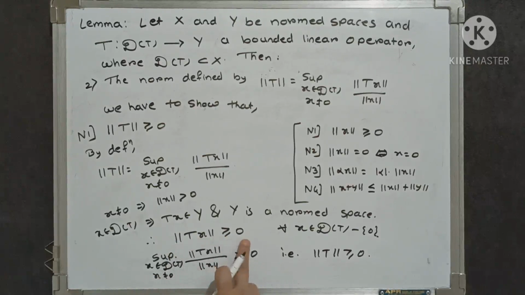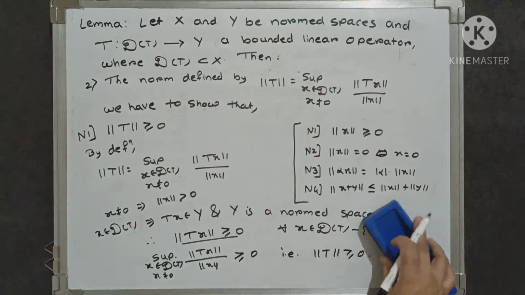And now it is true for any x which is an element of D(T) minus singleton 0. As it is true for any x belongs to D(T) minus singleton 0, therefore it is true for the supremum, and therefore we can write that the supremum over x belongs to D(T), x not equal to 0, of norm of Tx divided by norm of x is greater than or equal to 0, but it is nothing but norm of T is greater than or equal to 0, and therefore the first axiom of a norm is satisfied.